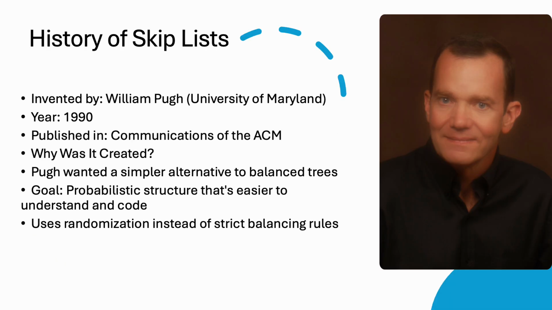Skip lists were invented by William Pugh at the University of Maryland in 1990. His work was published in the prestigious Communications of the ACM. Pugh's goal was to create a simpler alternative to balanced trees. Instead of using deterministic balancing rules like AVL or red-black trees, he introduced a probabilistic structure that is much easier to understand and implement.